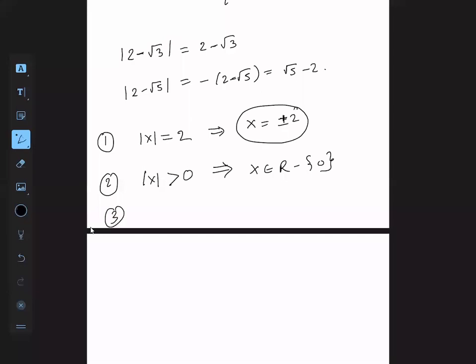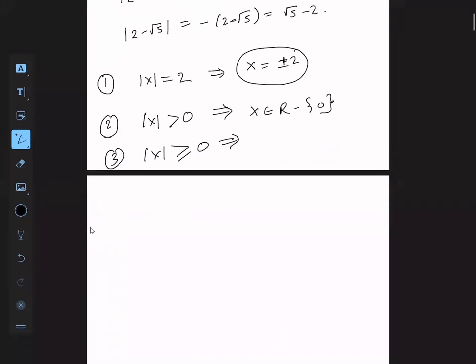Very good. What is the value of x if mod x is greater than or equal to 0? All real numbers. Very good. Modulus of all real numbers is always non-negative.